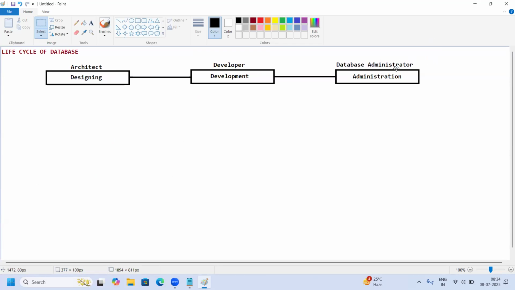That is called DBA. And remember, in every phase, the process always goes like this. If designing is correct, then development will be correct. From designing to development, and from development to administration.